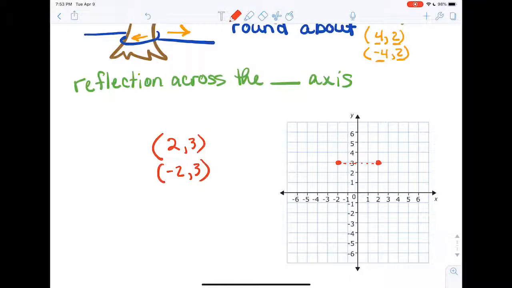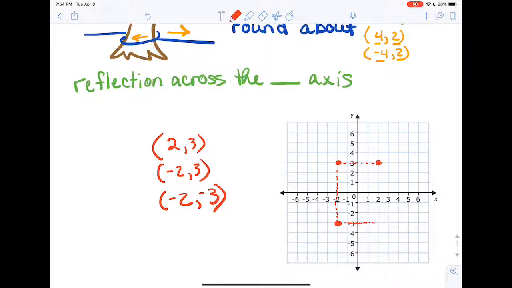Well, let's take the second point and make a reflection across the x-axis. So we're going to follow the line across the x-axis. And up here I was at 3, so down here I'm going to be at -3. So my point is actually going to be -2, -3. Now let's find a reflection for this point across the y-axis. So I'm crossing the y-axis.